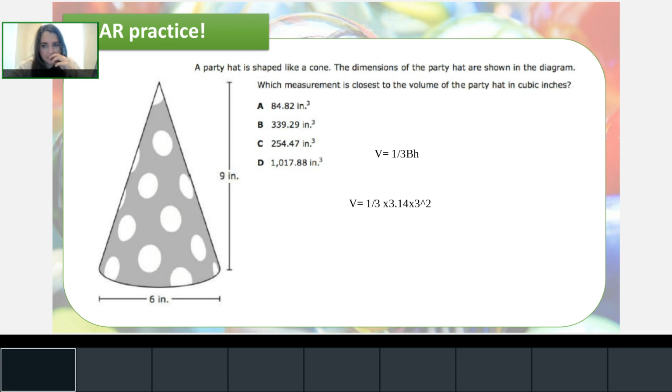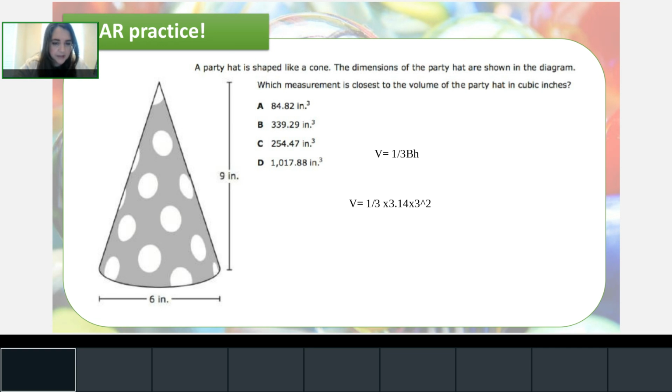So let's do the math and figure out what we get. The first thing we do is our exponents, because we know PEMDAS, you do the exponents first. So 3 squared is 9. So we multiply 9 times 3.14 or pi. If you have pi on your calculator, please go ahead and use that. And we get 28.26.